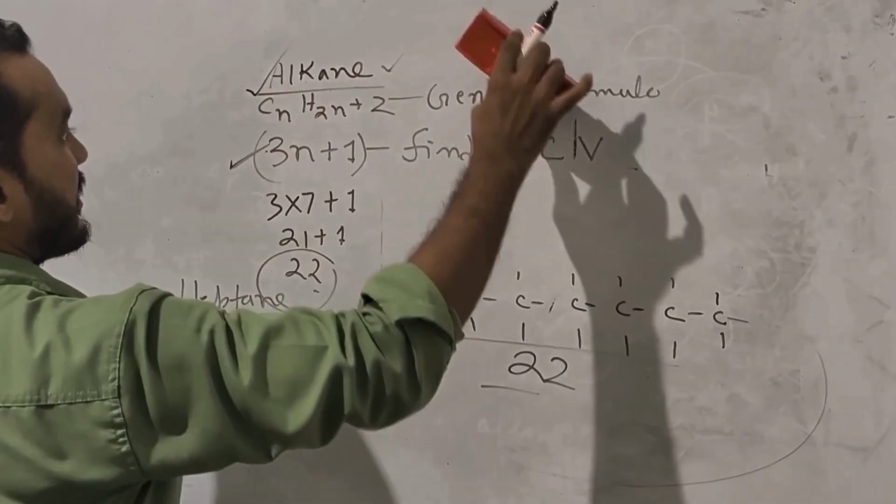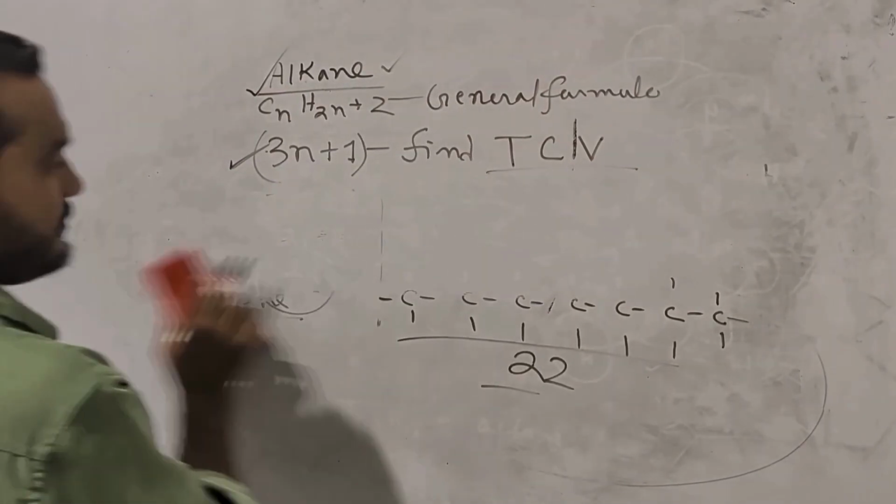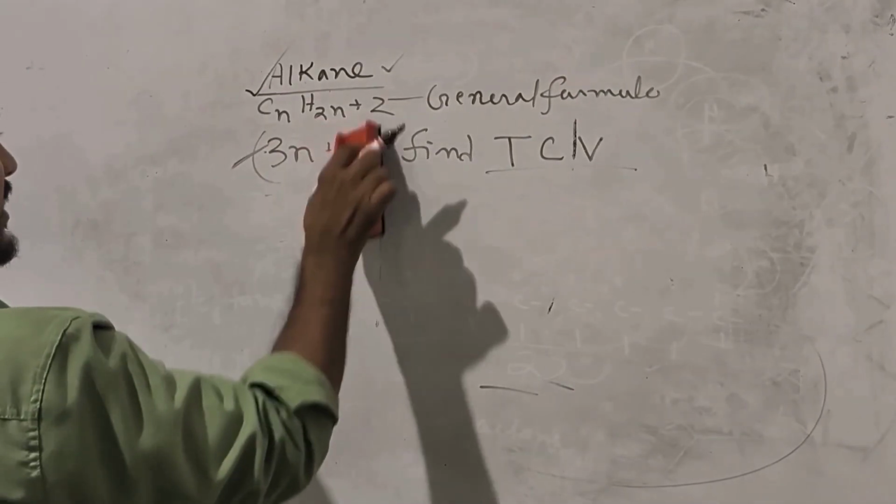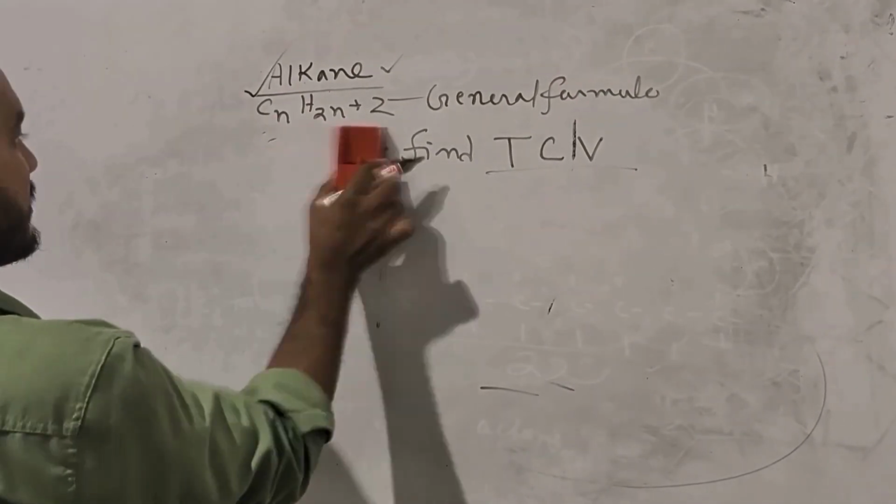So in case of alkene, the formula is 3n.